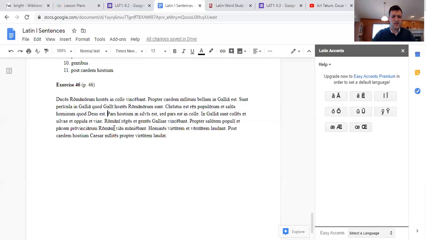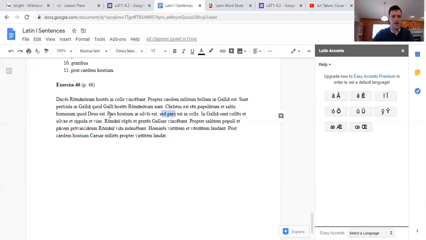Pars hostium in silvis est, sed pars in colle est. A part of the enemies is in the woods, but a part of the enemies, again, is on the hill. I think this is the one I put in homework. So a part of the enemies, I'm going to say are in the woods, even though it's a singular verb.